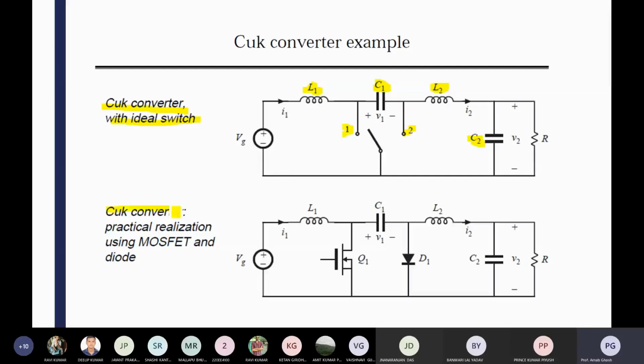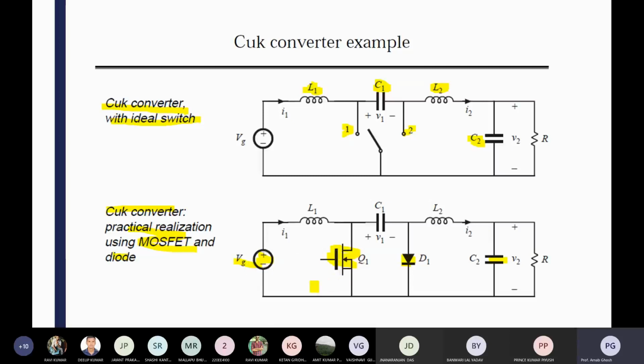In the Chuk converter, the MOSFET is given, meaning the switch is replaced by the MOSFET, and D is your diode. In the first case, the capacitor will be discharged through this path, and the load capacitor will be discharged through this path and the load resistance path, and the inductor current is driven by Vg. So the inductor current will be through this path.